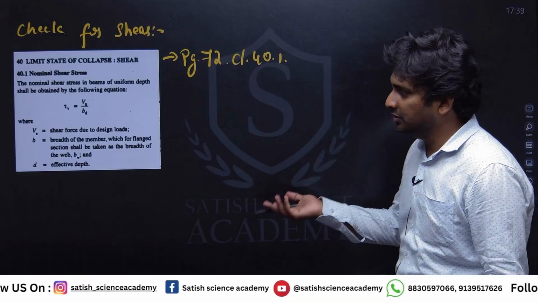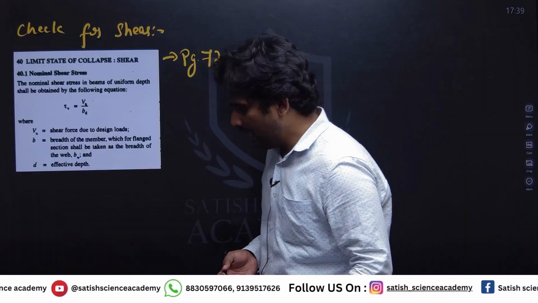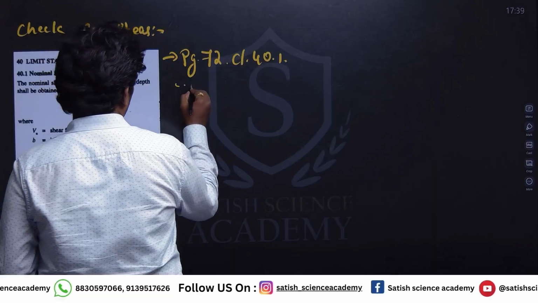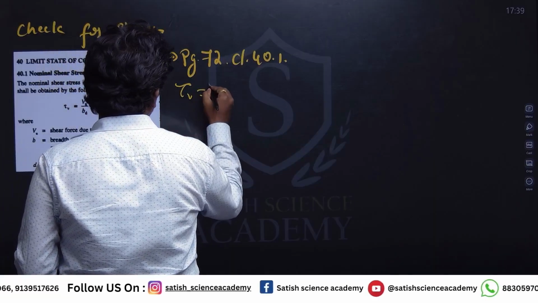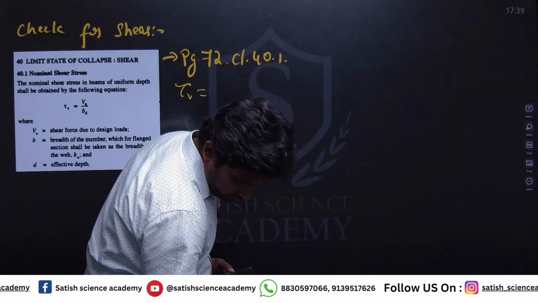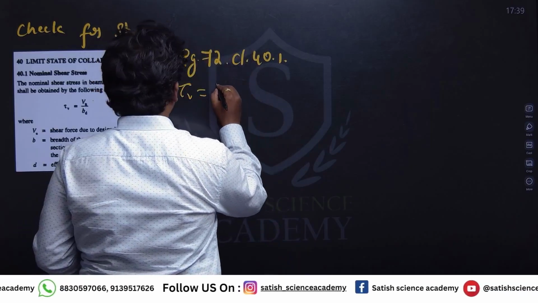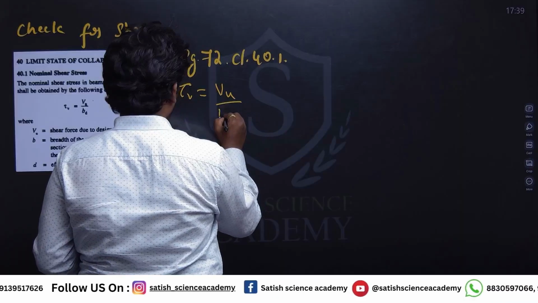Now next is check for shear. So in check for shear you have to check shear. Tau v equal to Vu divided by b into d.